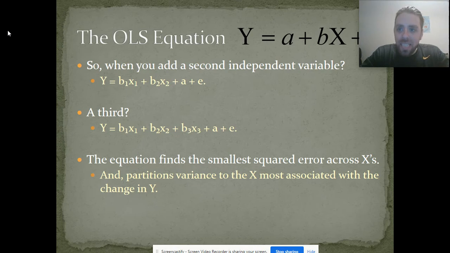Then you add a second magnet, except this magnet is only attracted to the variation in y that it can explain. You do this over and over again with new magnets sucking out the variation that it is most attracted to. Anything left over is just error term.